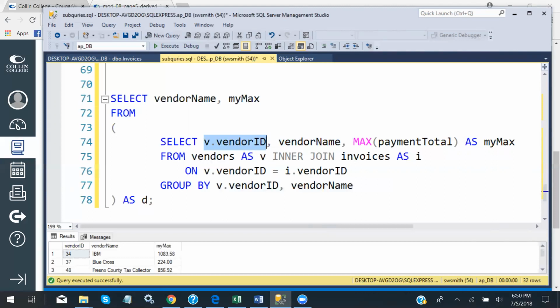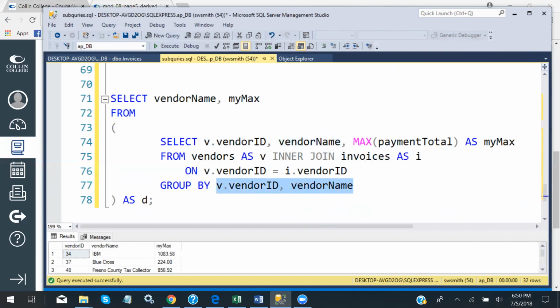So the main reason for having something like this when you have a subselect in the from line is to hide this vendor ID. I have to have the vendor ID. Think of it like the social security number. So this is the person's name, this is some number that I'm interested in. So when I group by, I have to group by the vendor's name. I would be just as happy to group only by the social security number. But since I'm printing the name, it has to also be in the group by.